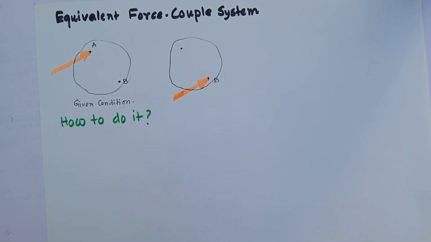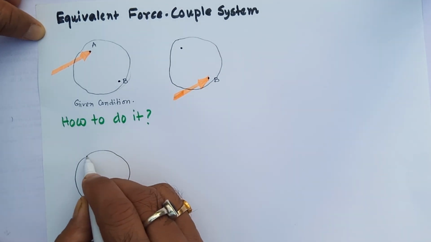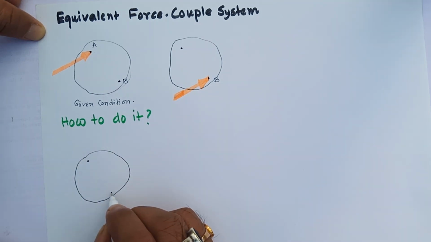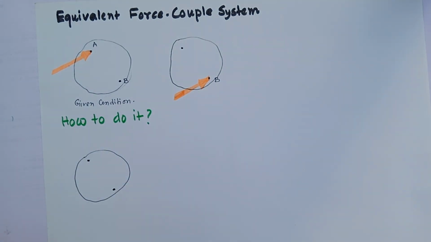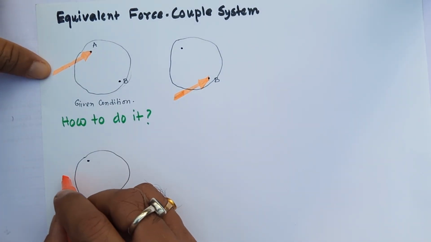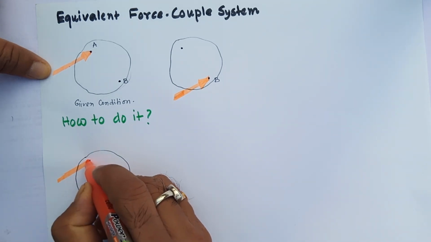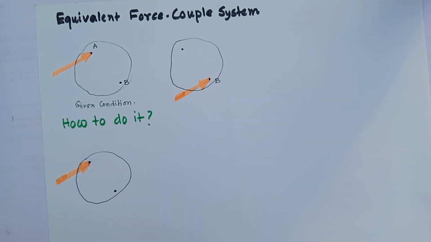Okay, so let us redraw this. Point A, point B. The initial condition given is this one.